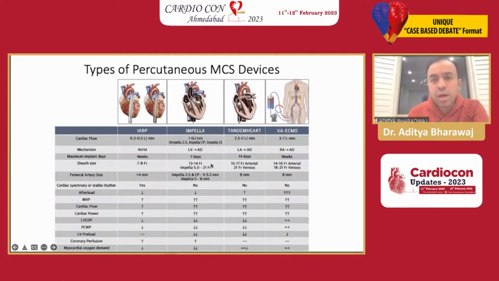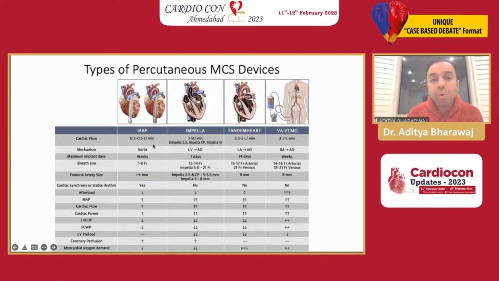So I'm not going to belabor the contents of this slide because I think everybody is quite familiar with this. But just to drive home some key points, a comparison between balloon pump and Impella.